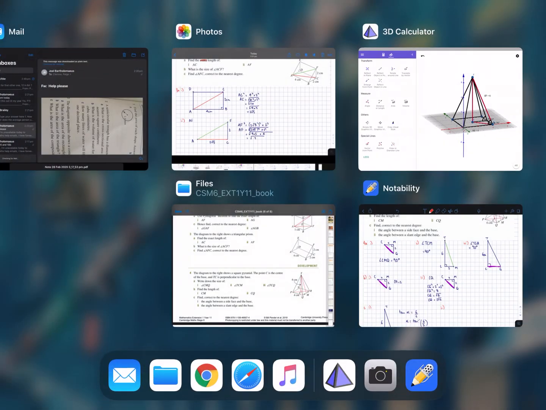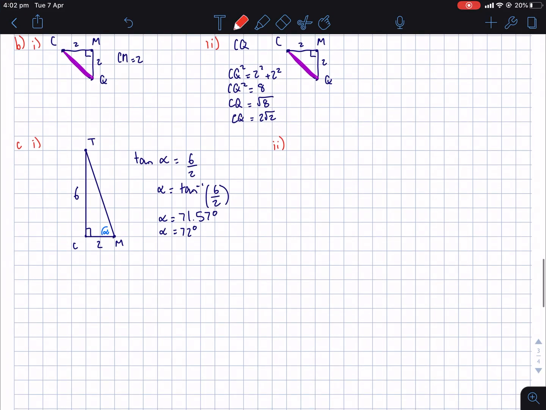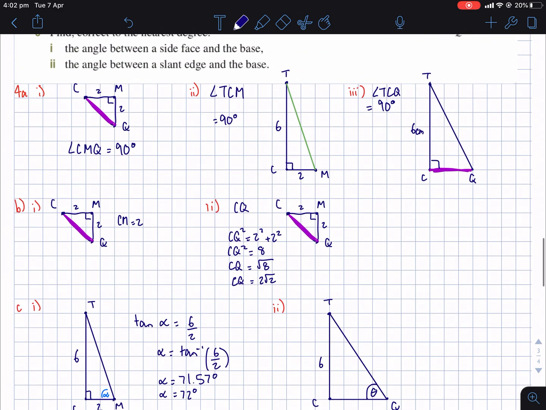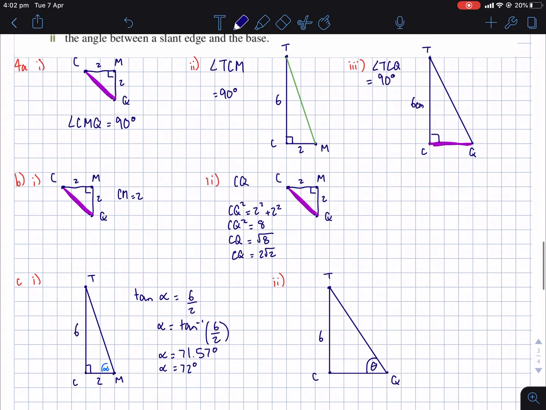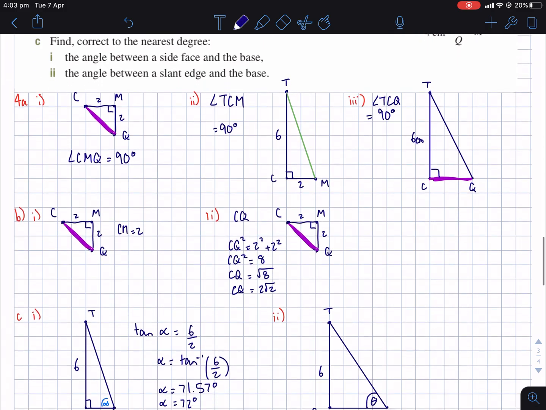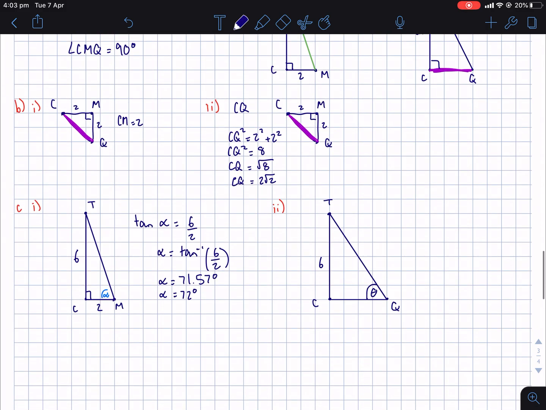So if we're to draw that triangle, that's TCQ, which we also already know some stuff about. We know TC is 6. We call this theta. We don't know CQ, but we can very quickly figure that out. Oh no, we have figured it out already. It's 2 root 2.